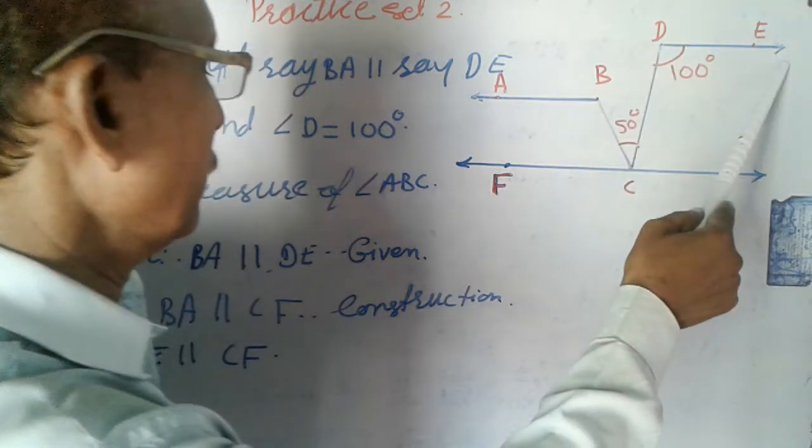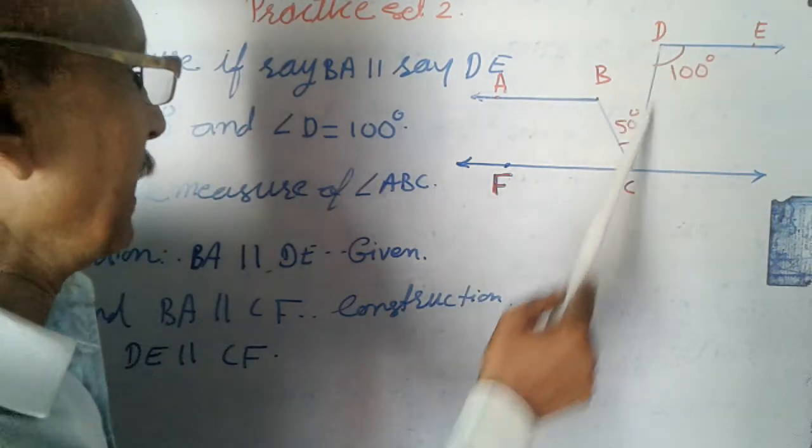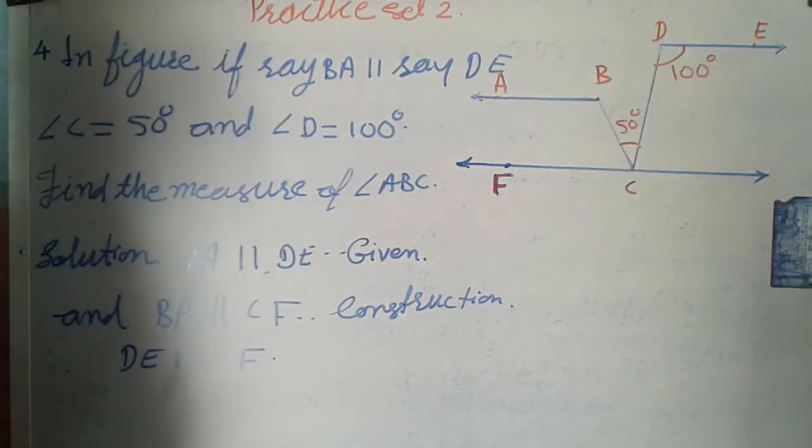Now consider line DE parallel to line CF, and DC is their transversal.